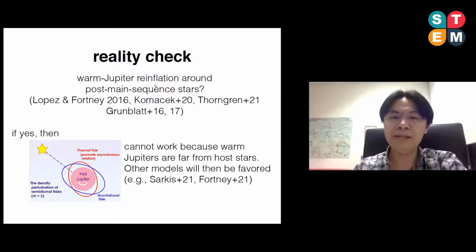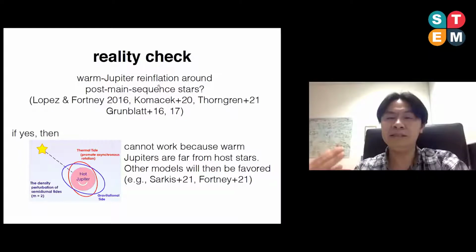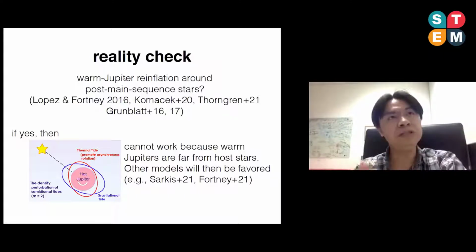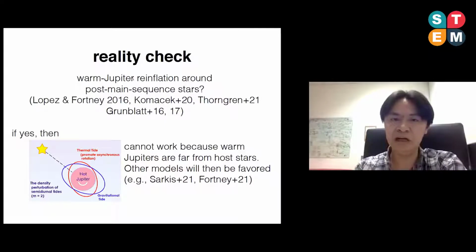What that means is this: as the star evolves from the main sequence, the star becomes more luminous, and even the warm Jupiter, which is located far away from its host star compared to the hot Jupiters, can receive a tremendous amount of luminosity from the star, and therefore can also be reinflated.